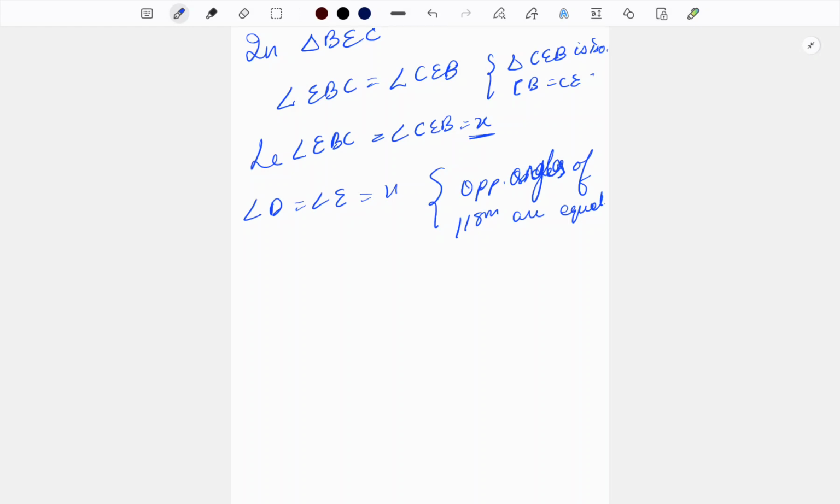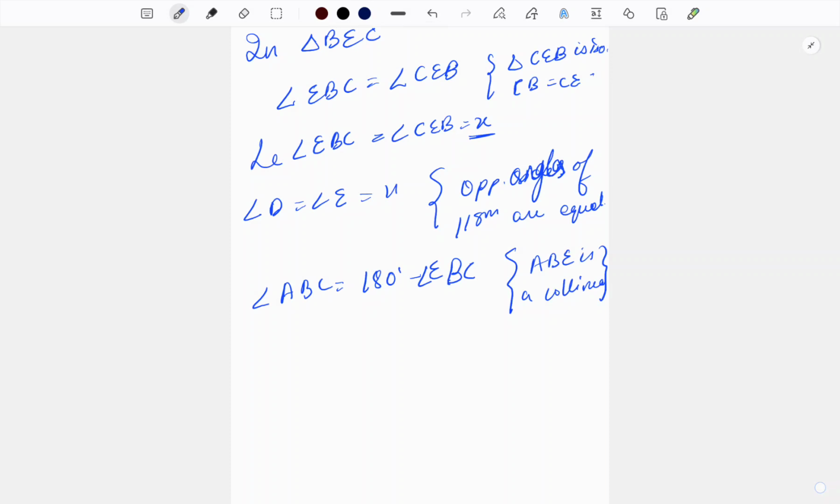Now since opposite angles are equal, we can demonstrate it as x. Now we take angle B, or we can write it as angle ABC, equal to 180 degrees minus angle EBC. Why? Because ABE is collinear, so the sum of angles drawn on one side of a straight line is 180 degrees.